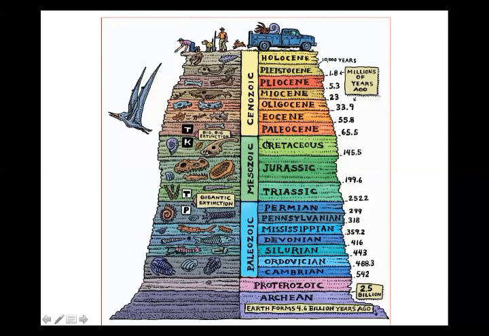The Cretaceous is split into three: early, mid, and late Cretaceous. In the late Cretaceous came the big extinction, when a meteorite hit and the dinosaurs and related species went extinct.